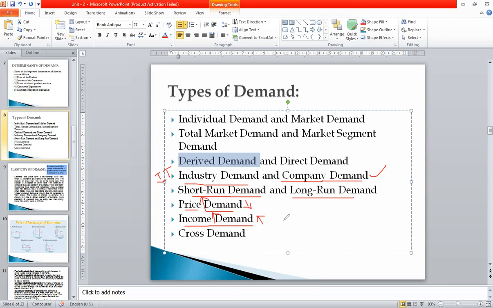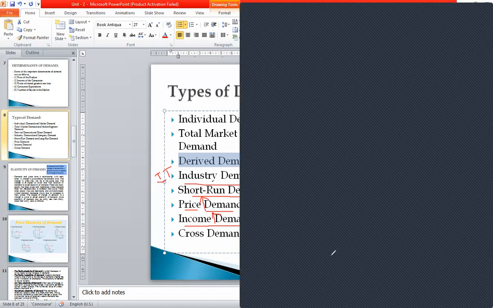When your income has increased from 10,000 to 20,000, ultimately you purchase more; there is no way you decrease. Income demand is the relationship where, when income increases, demand also increases, and when income decreases, demand also decreases. In the case of price demand, price increases and demand decreases, whereas in the case of income demand, income increases and demand also increases. That's what we need to consider.